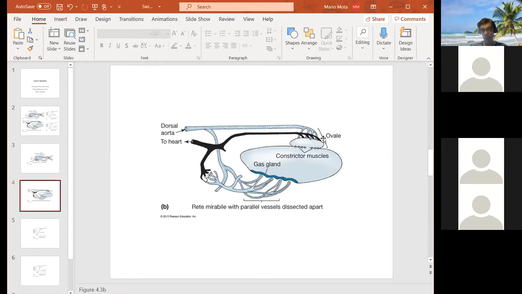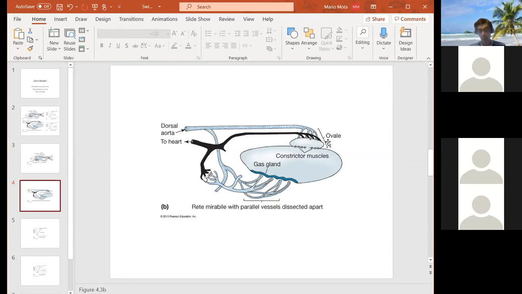On the opposite end, this particular drawing has an ovale. Okay, this is to let the air out. Most fish that have this type of gas bladder have an ovale.